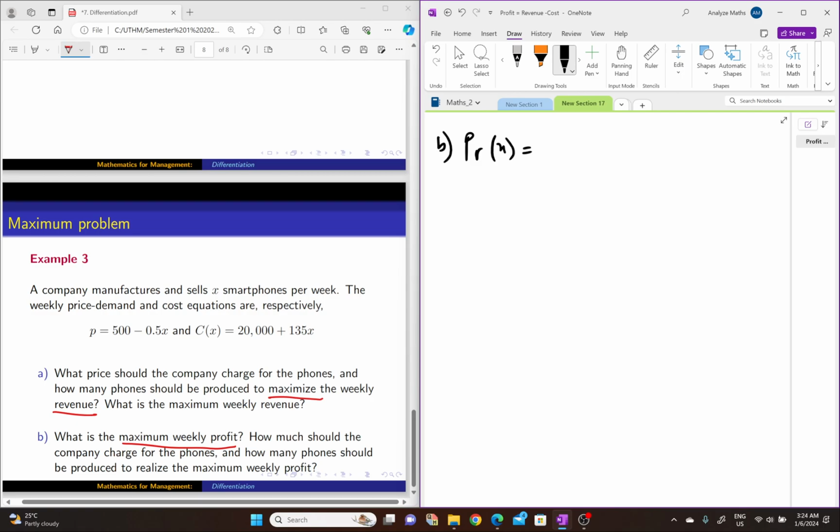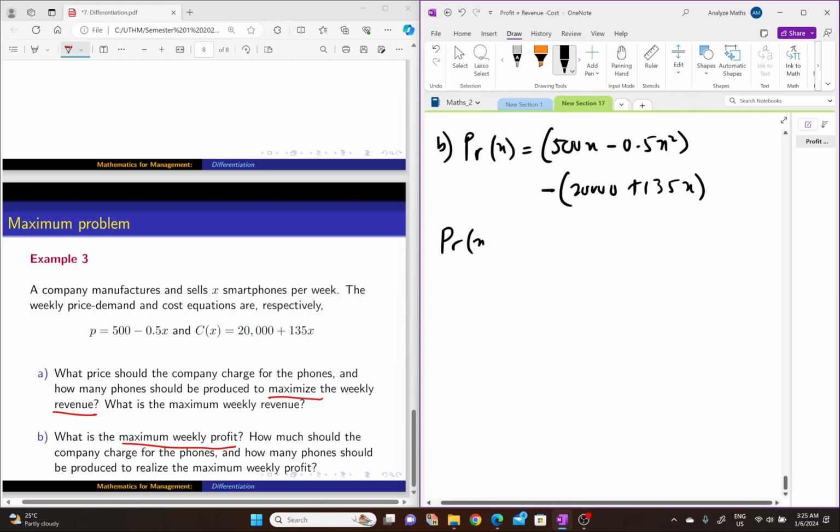Revenue was just now the one we found, so the profit function is this one.